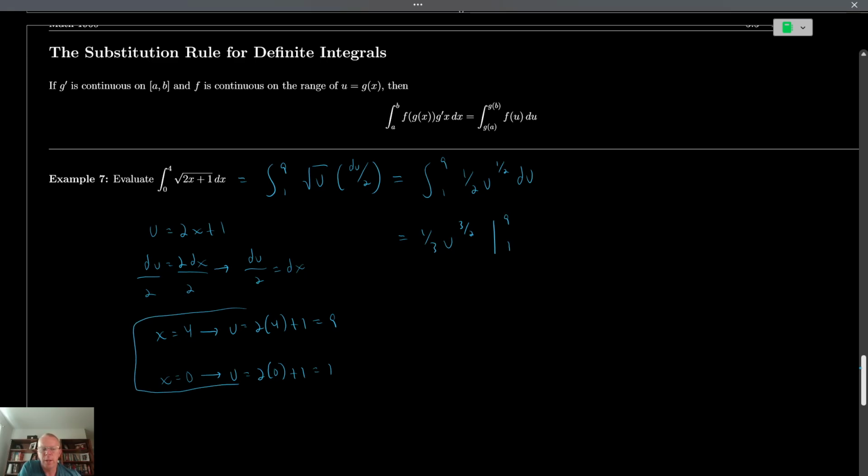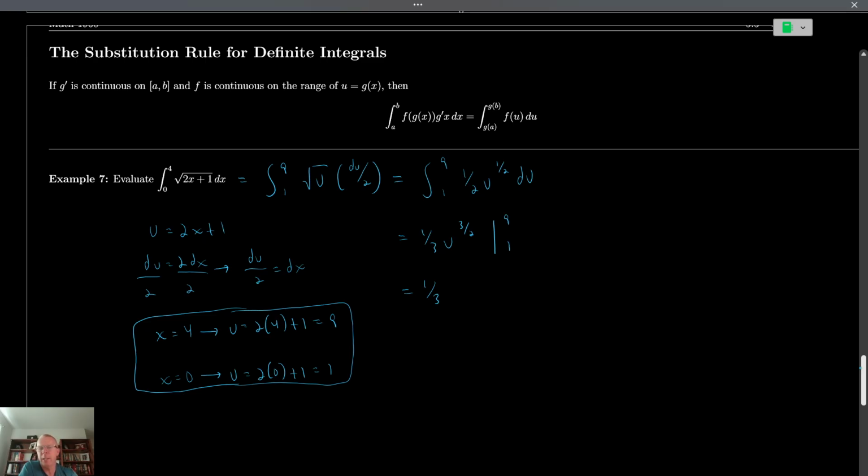So make sure you understand this part. This part is just whatever the two x's are in your limits here. Evaluate those values of x and see what u is when x is those values, and those are your new limits of integration.